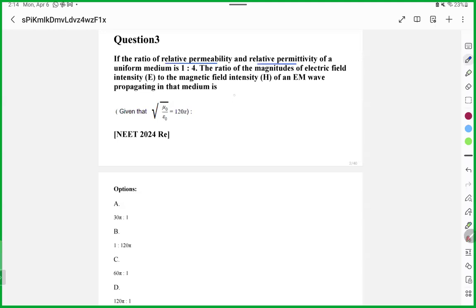The ratio of relative permeability divided by relative permittivity is equal to 1 ratio 4. What will be the ratio of the electric field intensity E and magnetic field intensity H in the EM wave propagating in that medium?